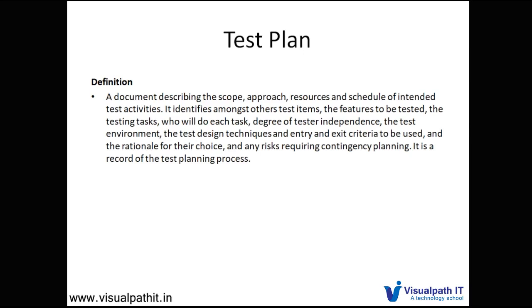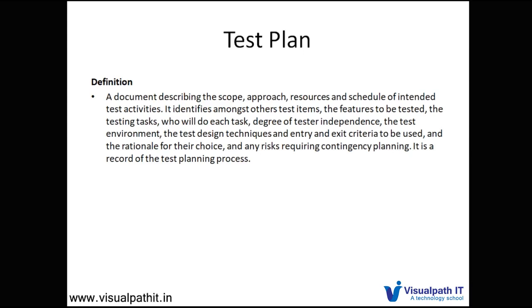So here I have put in a definition. It's an IEEE definition, so we will read it out. A document describing the scope, approach, resource and schedule of intended test activities.